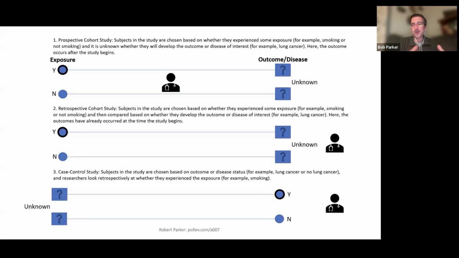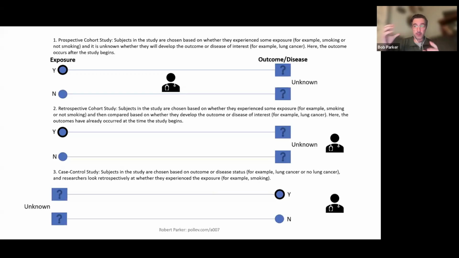So that's a quick outcome. But many times, especially in epidemiology, we are looking over the course of months and even years to see if an outcome develops. All right, so then let's move to retrospective cohort studies.